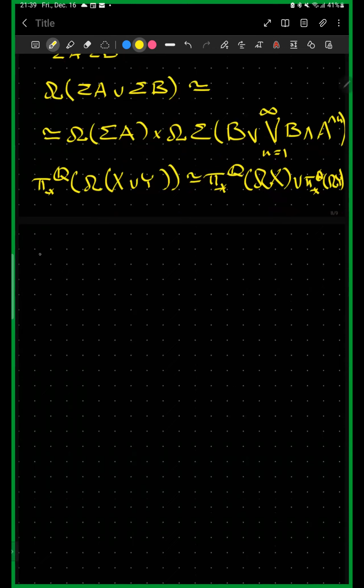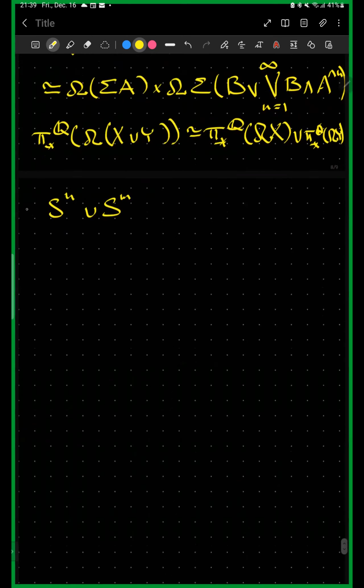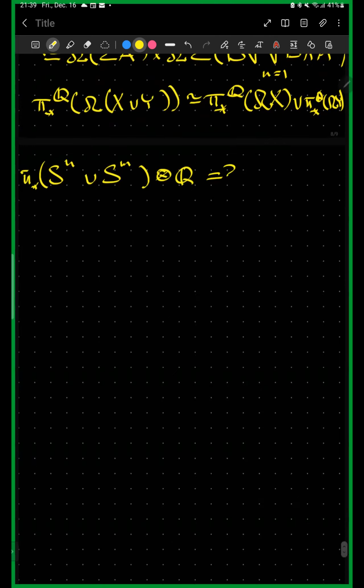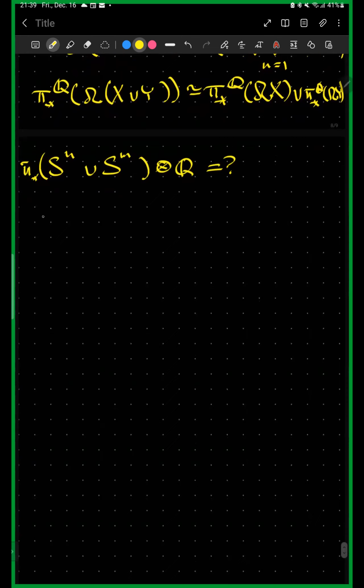So we have a decomposition like this, and we can apply it, for example, to the computation of homotopy groups of a wedge of spheres. If we take Sn and Sm, and we want to understand what the homotopy groups of the wedge would look like, then we just take the Lie algebra on the loops on Sn and take the co-product with the Lie algebra on the loops of Sm.